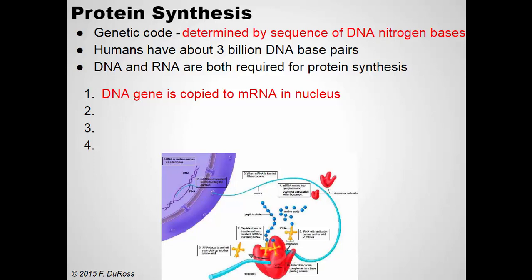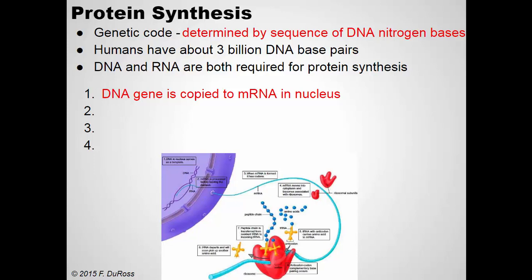You might open up that recipe book, copy down the recipe for how to make these chocolate chip cookies, and then bring that to the kitchen to actually start making the cookies, while the recipe stays safe in the library. So the DNA stays in the nucleus, but when that protein is going to be made, the recipe gets copied to this messenger RNA molecule.